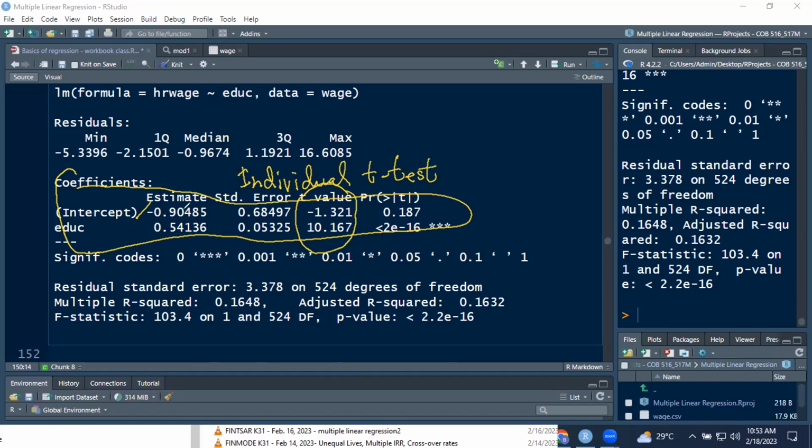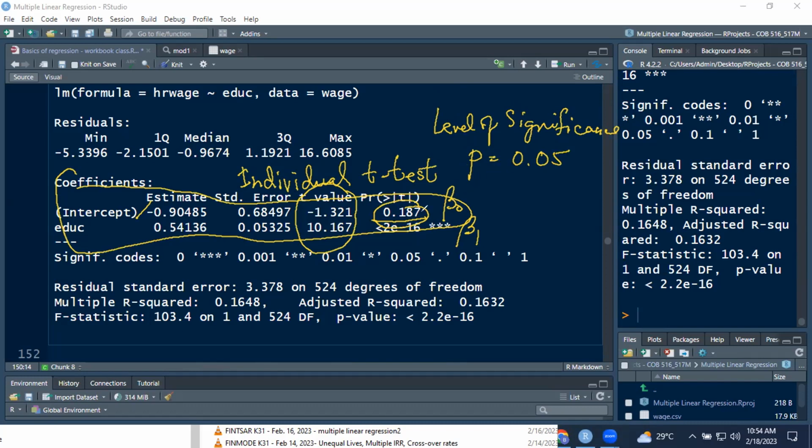Okay, and then we have here the p-value. This is beta null, and this is beta 1. Ang p-value natin for the intercept is 0.187. So what do we do with this? If you recall from your other stats, i-compare natin to sa level of significance. Usually, the default, if it's not identified, is equal to 0.05. Ito yung level of significance natin.